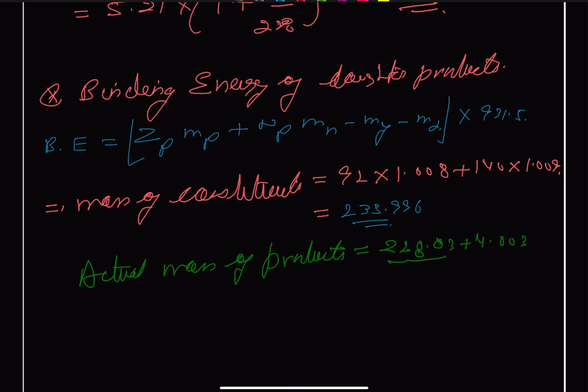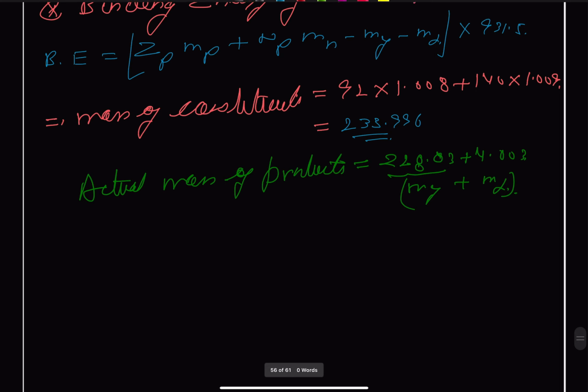So this is our My, and plus this is our M alpha. So this gives us 232.033. So we got the mass of the constituents as well as the mass of the products.